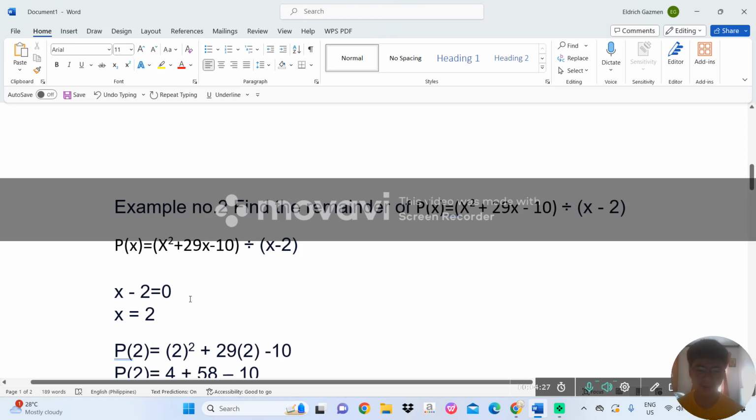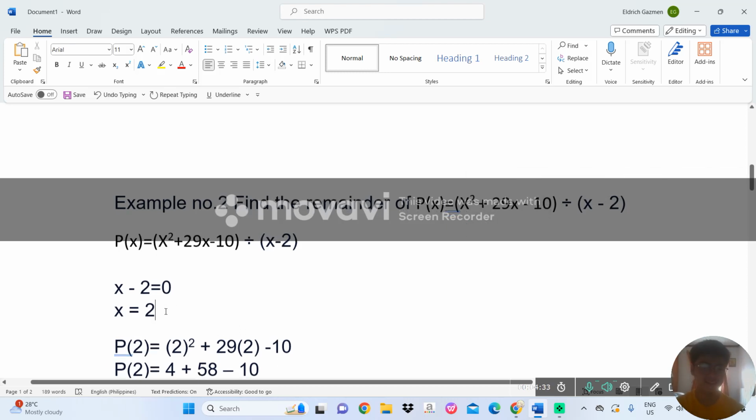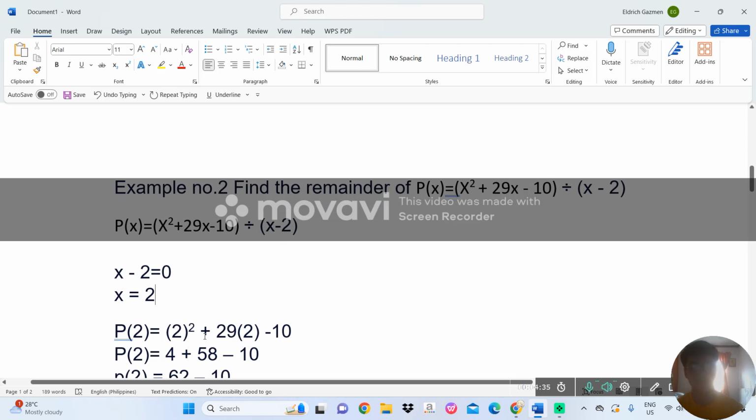After that, we replace all the x here with 2. So 2 squared plus 29 times 2 minus 10. That is the new thing we have. So we still follow PEMDAS and BODMAS. So 2 squared is 4. 29 times 2 is 58. And minus 10 is still minus 10.